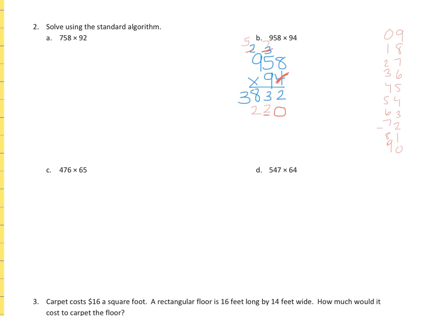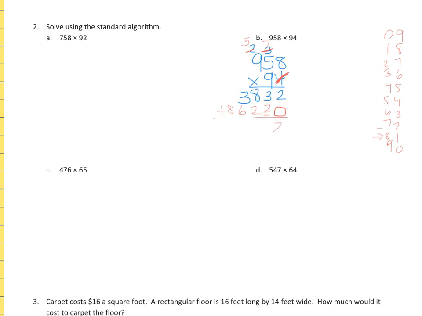Then 9 times 9, that's going to be all the way down to 81 right there. So 9 times 9 is 81, plus 5 more is going to be 86. So 8, and then 6, and then the 8. Then you add those together.